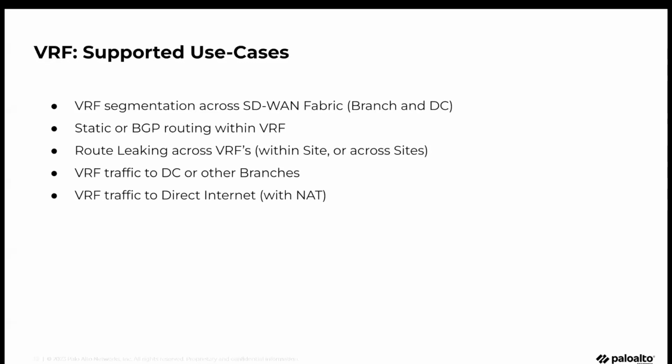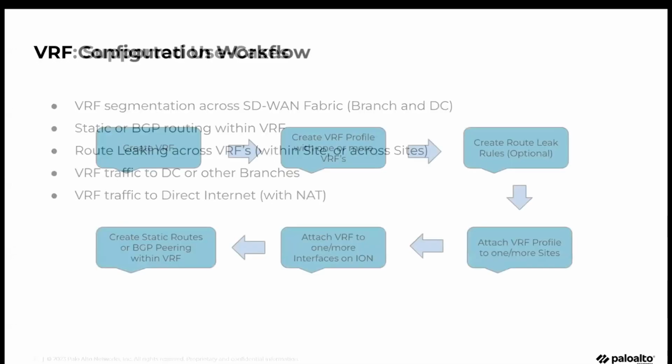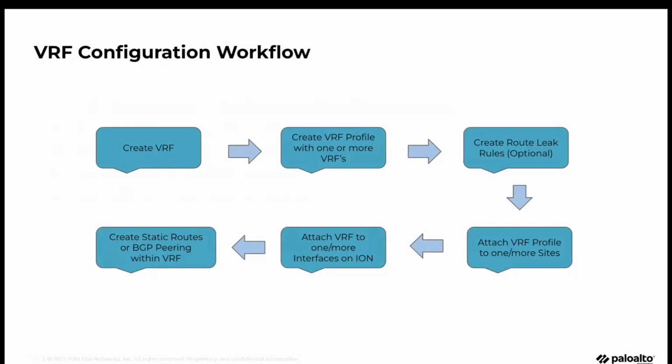Let's look at how you would do the VRF provisioning and some screenshots to show you. So the workflow, you first define a VRF. So basically you can define VRFs, so red, green, blue. There is no need for route descriptors as you're used to in legacy networking. It's simply a VRF is a name. And then you define a VRF profile, which has one or more VRFs.